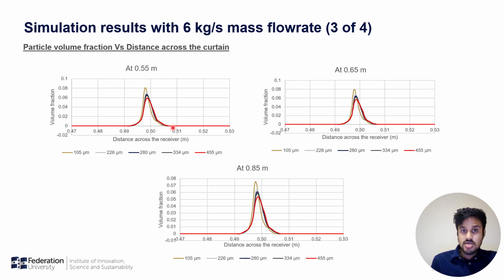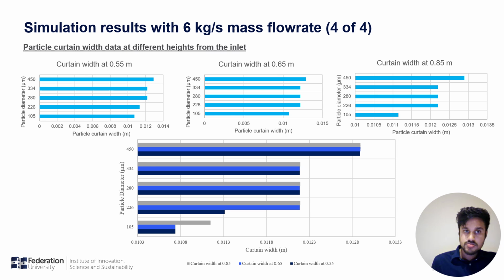Due to this, each and every particle diameter shows nearly equal velocities across the distance. Here also you can see that at each height level, most particles have quite similar particle curtain width, as I mentioned previously.